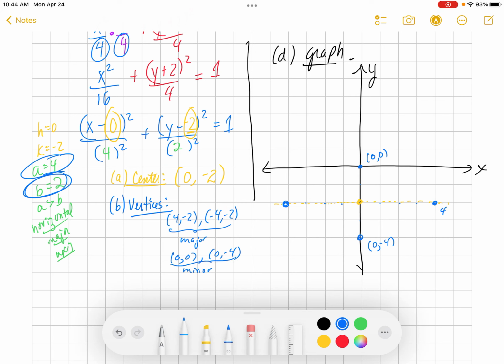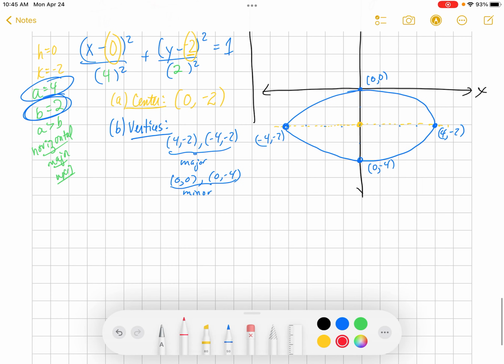So we have 0, 0, and 0, negative 4 are our minor vertices. Let me include the other ones. 4, negative 2, negative 4, negative 2. You don't have to write them on the graph, but as long as you write them elsewhere, that's fine. But I'm going to do that anyway. Let's connect those vertices to get a nice ellipse.